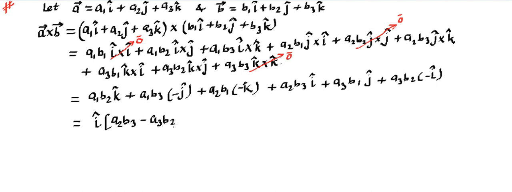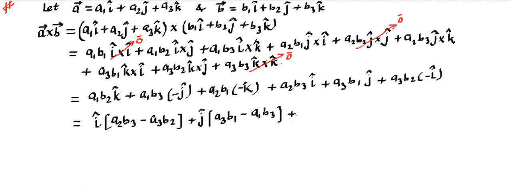So this is going to be the coefficient of i cap, and then we can write plus j cap. We can take j cap common, so positive j cap is here, so that's a3 b1, and here is a minus, so it's going to be minus a1 b3.